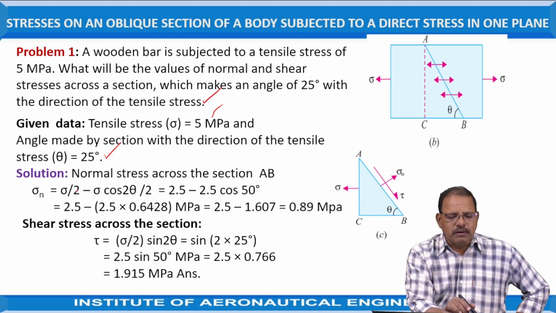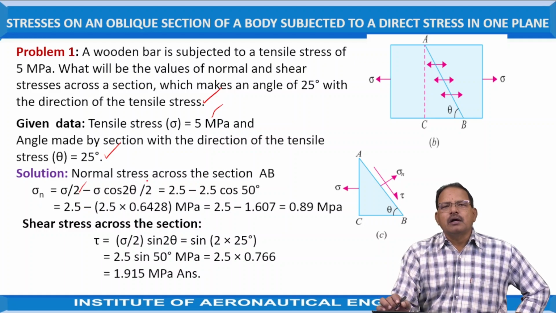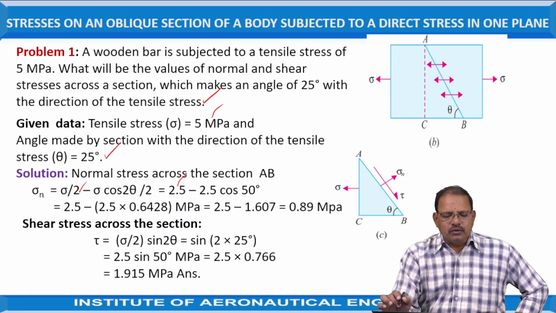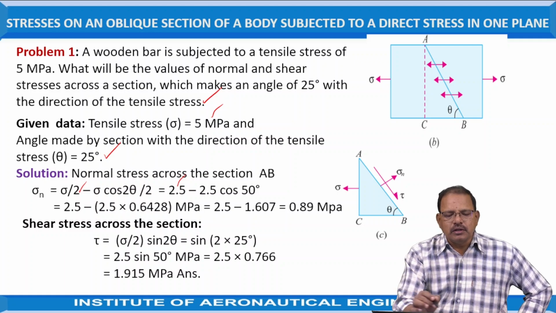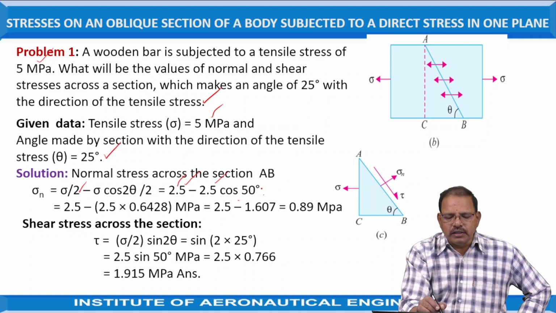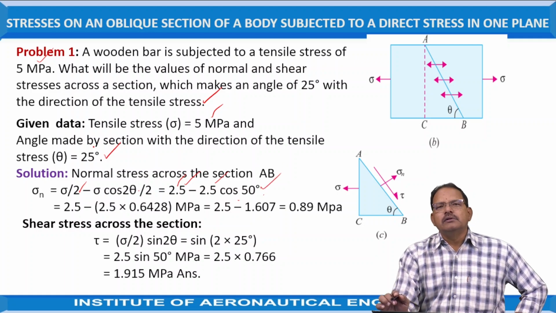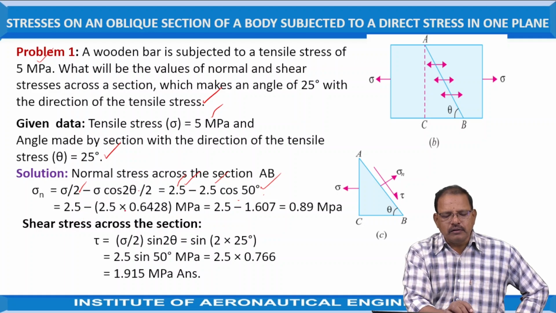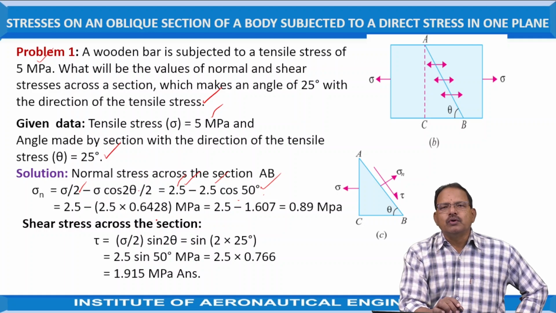According to the previous derivations, the normal stress across the section AB is given by sigma n, which is equal to sigma by 2 minus sigma cos 2 theta by 2. Here sigma is 5 megapascal, so 5 by 2 is equal to 2.5. Theta is 25 degrees, so 2 theta is 50 degrees. So it is 2.5 minus 2.5 into cos 50, which is 0.6428.